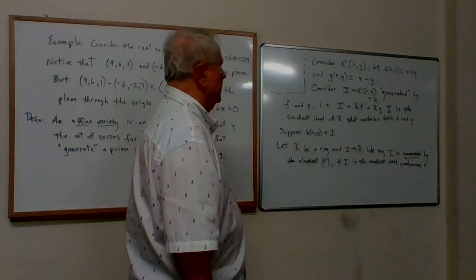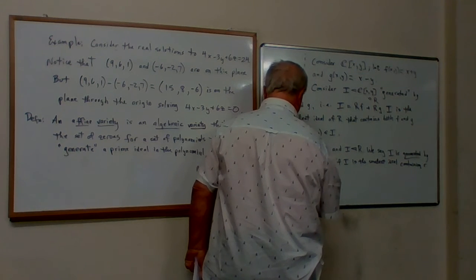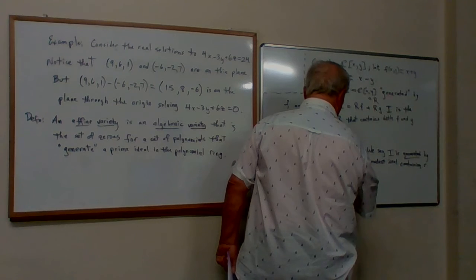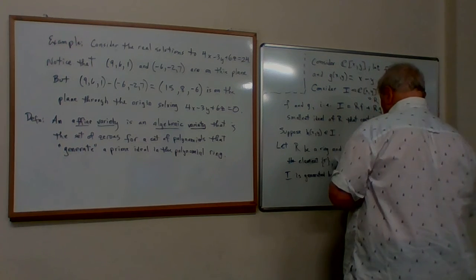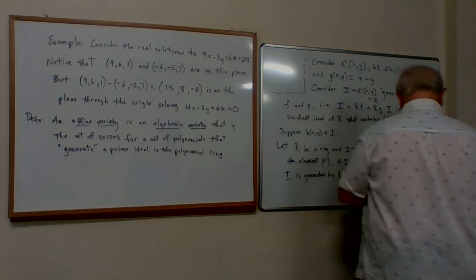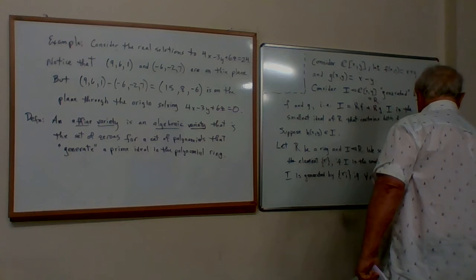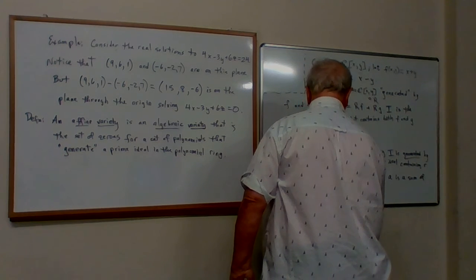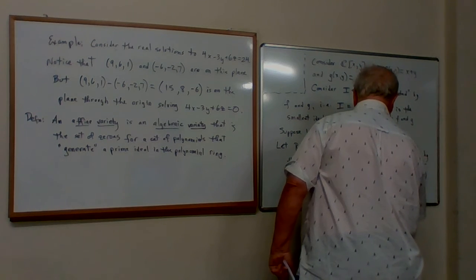Now, if I have a set of elements, so I is generated by some set, say r sub i, if for all a in I, a is a sum of products of the r sub i with elements of the ring.